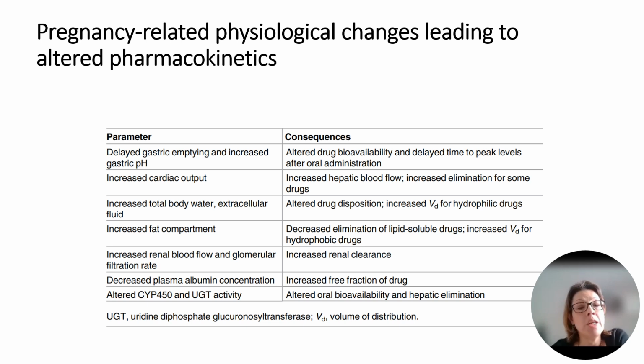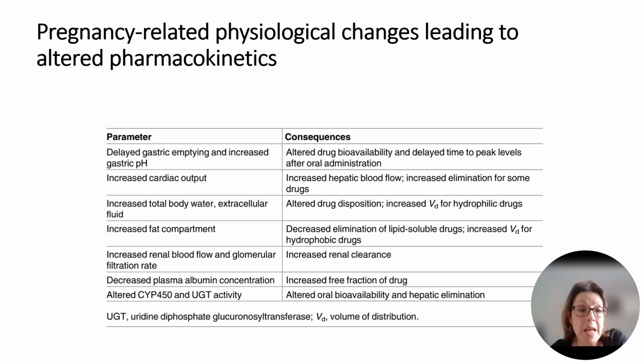But essentially, because of the physiological changes in pregnancy that I believe one of your earlier lectures today would have covered, there are going to be some changes within the pharmacokinetics of drugs. So in summary, this table is going through what parameters may change, such as gastric emptying and change in the gastric pH, which may alter bioavailability of the drug, because the drug may be hanging around in the gut for a bit longer, giving it a bit more time to be absorbed.